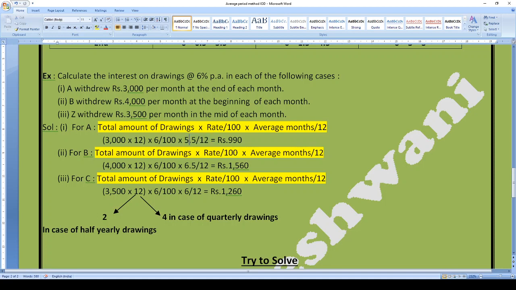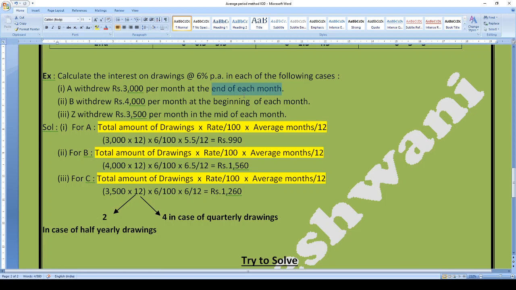Why has this 5.5 average been taken? Because the drawings have been made at the end of each month. If it would have been withdrawn at the mid of each month, 6 months average is to be taken. And the time difference in monthly drawing is 1. Make half of it, 0.5. 6 minus 0.5.